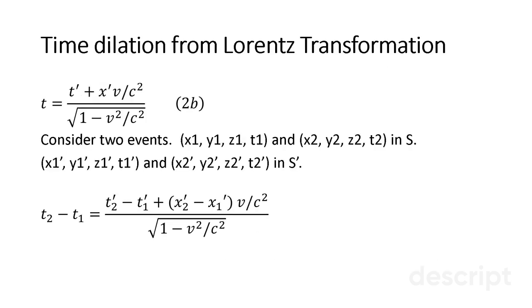We will use this Lorentz transformation equation, which we called equation 2b. Consider two events. Their coordinates are x1, y1, z1, t1 and x2, y2, z2, t2 as seen from frame S, and the coordinates of the same events are x1 prime, y1 prime, z1 prime, t1 prime and x2 prime, y2 prime, z2 prime, t2 prime as seen from the frame S prime.